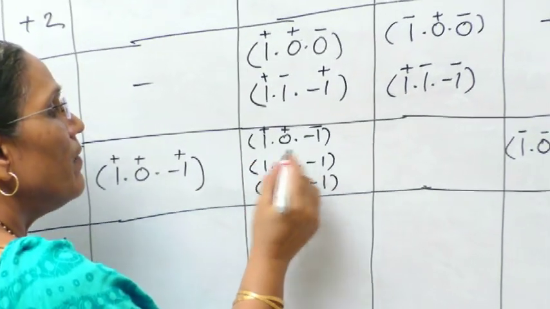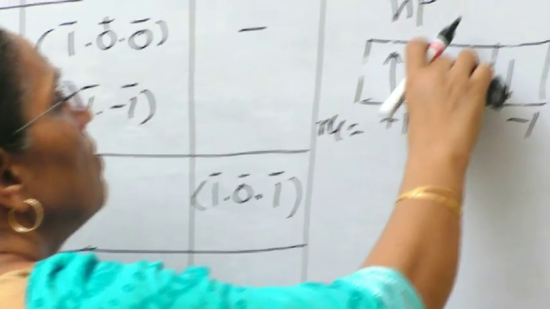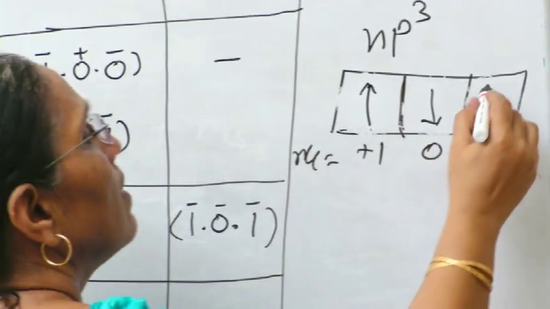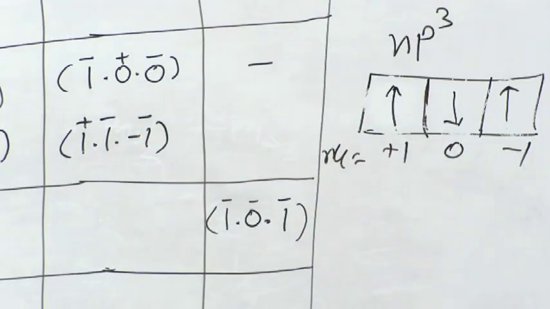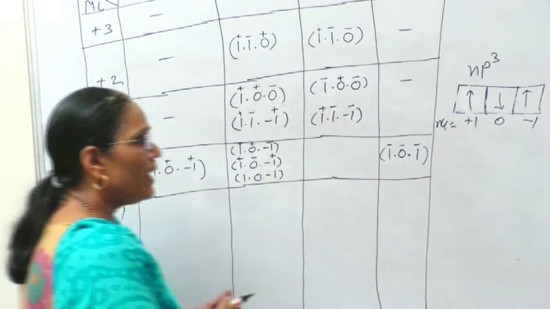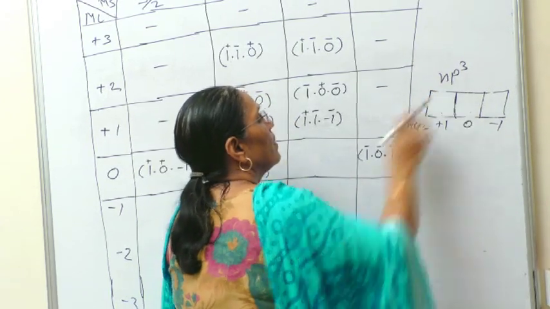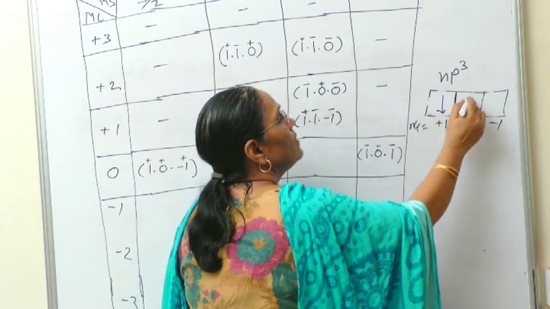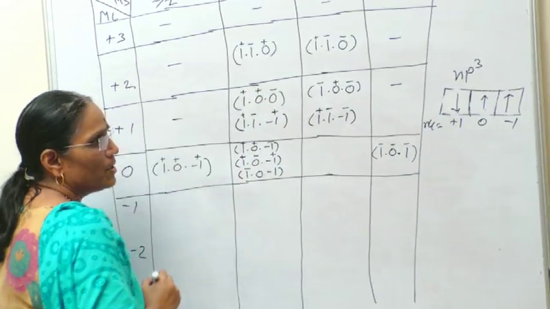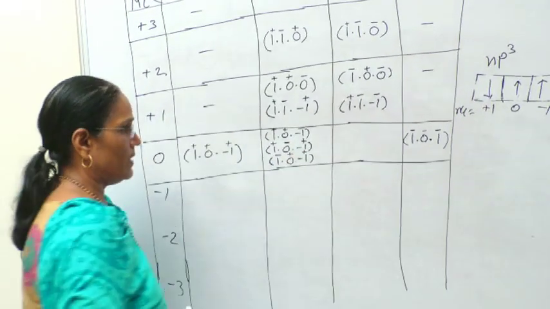In the second arrangement, we can change the spin of this middle electron, that is 0, to minus 1/2 and make the minus 1 electron plus 1/2. So now the arrangement is plus, minus and plus. Similarly, we can change the spin of the first electron to down spin and these 2 electrons are up spin. So this is a new microstate: first electron minus 1/2, second electron plus and third electron plus.